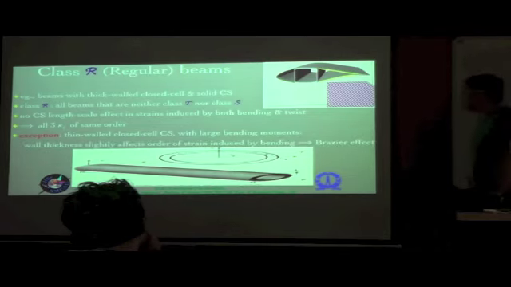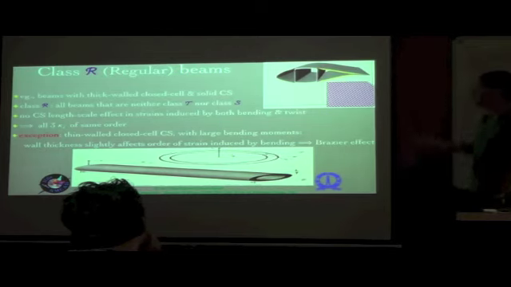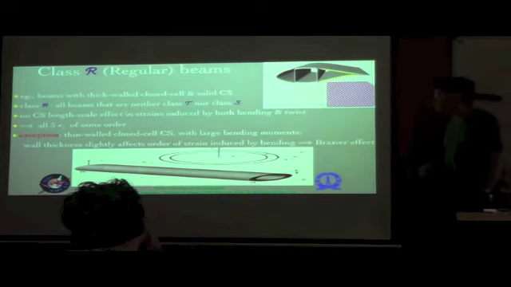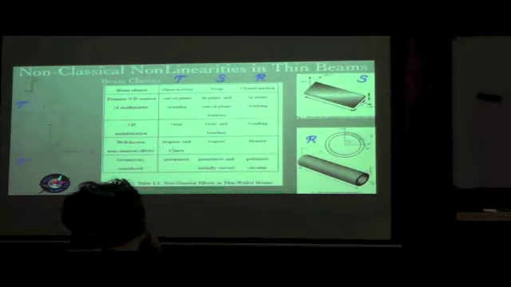So wall thickness slightly affects the order of strain induced by bending, and therefore in such situations where you have thin-walled closed cells, you can have the Brazier effect, but it is not limited to thin-walled closed cross-sections alone. Even strips have somewhat similar behavior.